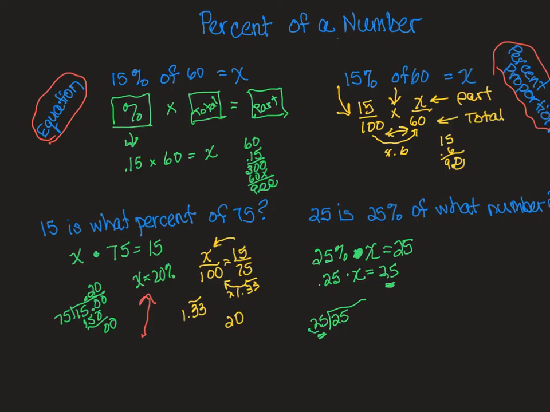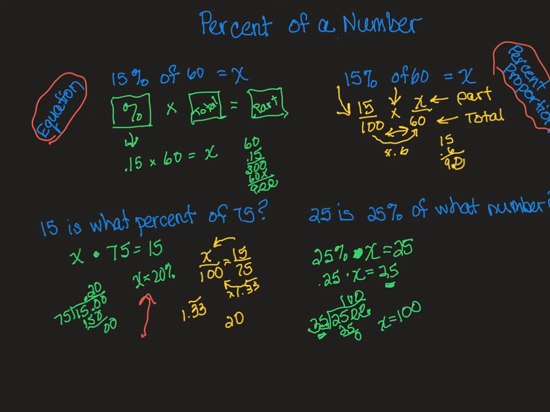So you need to move the decimal point the amount of places that make it a whole number, and then do that also in the dividend. If I do that, that's 1, 25, 0, 0, 0. And so according to that, x is 100.